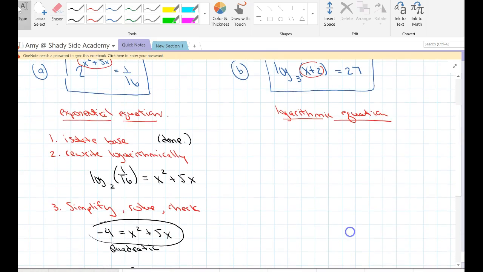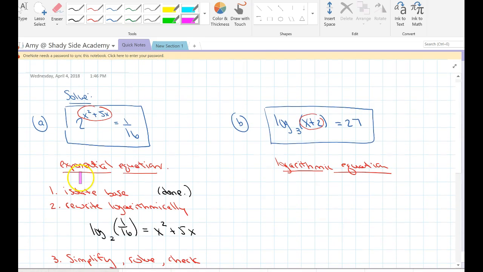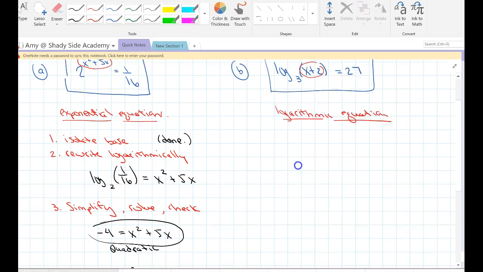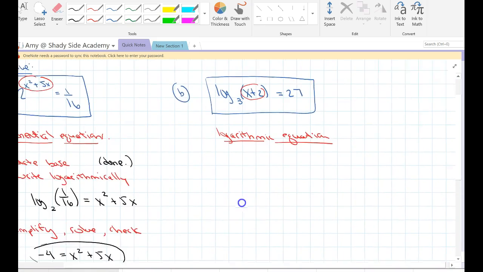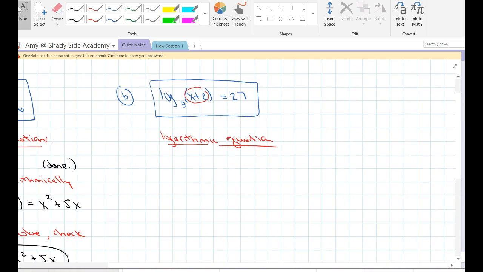Okay? So, solving exponential equations: number 1, isolate the base. Number 2, rewrite logarithmically. 3, simplify, solve, and check. Okay, what about logarithmic equations? Logarithmic equations, steps. Number 1, get a single log expression and isolate it.